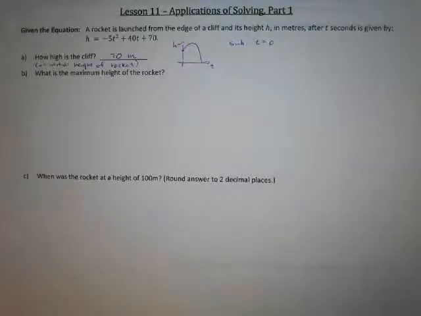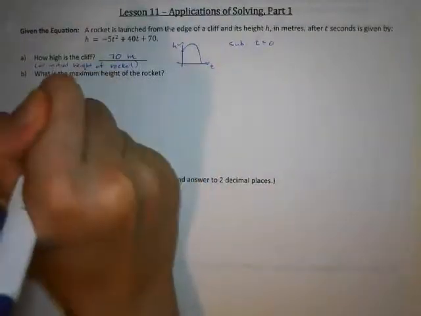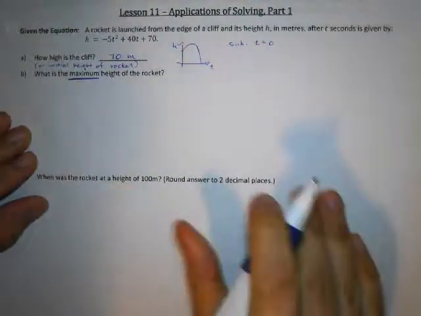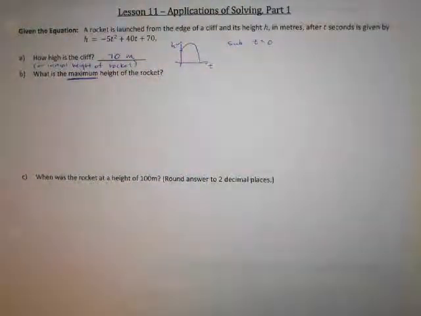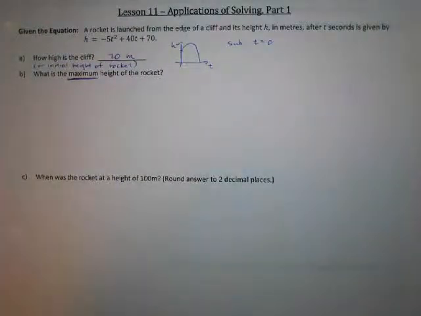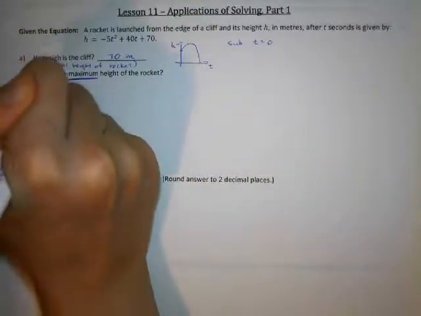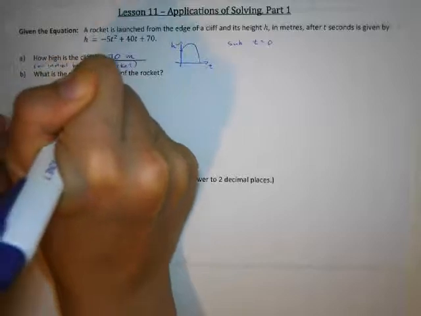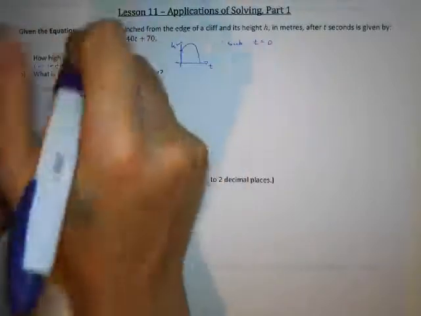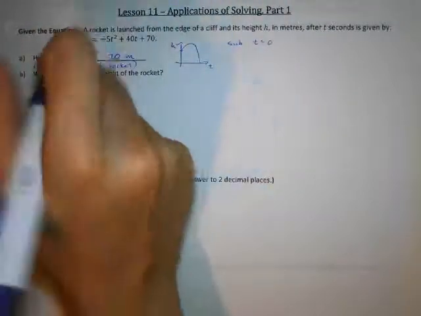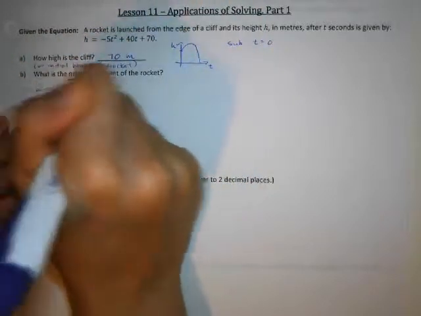So part B asks us for the maximum height of the rocket. So going back to the Max-Min application problems, if it asks us for maximum, then we know we need the equation, or in this case, this is a relation. Cross that out.